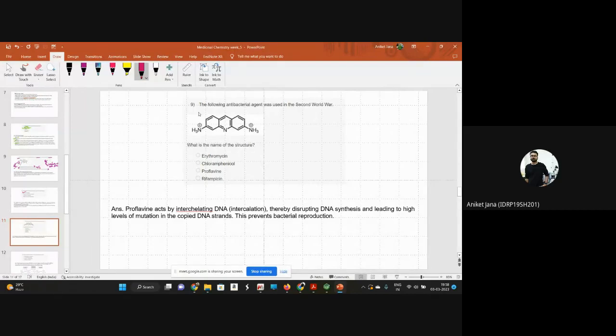And what is the mechanism of its action? We have already discussed several ways today. Intercalating agent. Yes, intercalating agent. It interacts directly with the DNA, thereby disrupting DNA synthesis and leading to high levels of mutation in the copied DNA strand. This prevents bacterial reproduction. So it was widely used after the Second World War to prevent bacterial infection.